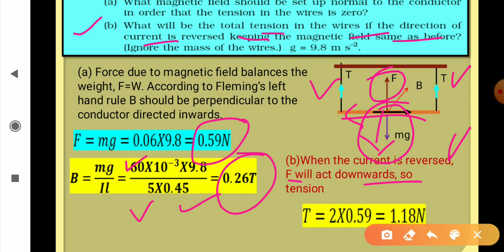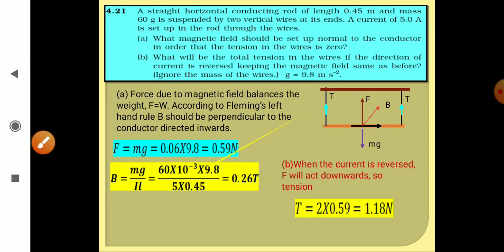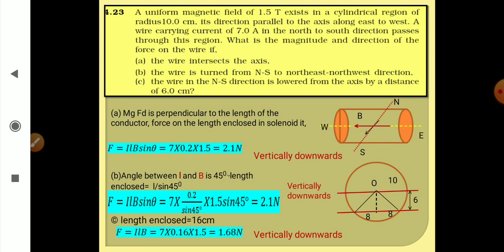That means force and mg are equal, so the tension will be twice of this force. So we get T is 2 into 0.59 Newton, that is 1.18 Newton. So even though the question looks a little complicated, it is a very simple problem.